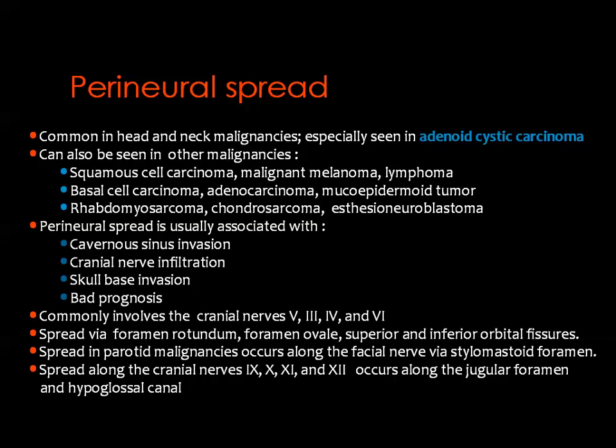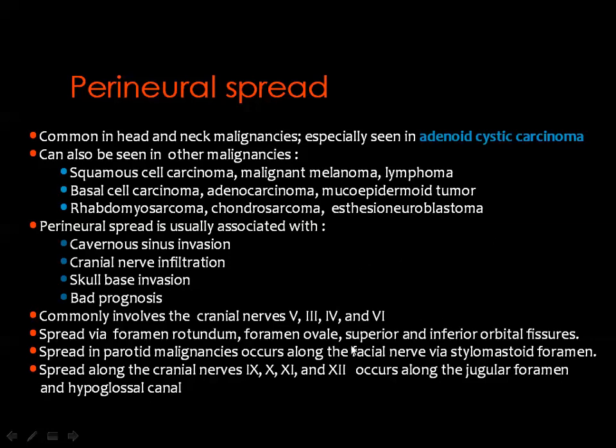Perineural spread is well known in this particular lesion, which is adenoid cystic carcinoma, but can occur in many other tumors. This is the most common lesion to spread along the nerve roots, but squamous cell carcinoma, melanoma, lymphoma, breast carcinoma, rhabdomyosarcoma, neuroblastoma, and many other tumors can spread by nerve roots.